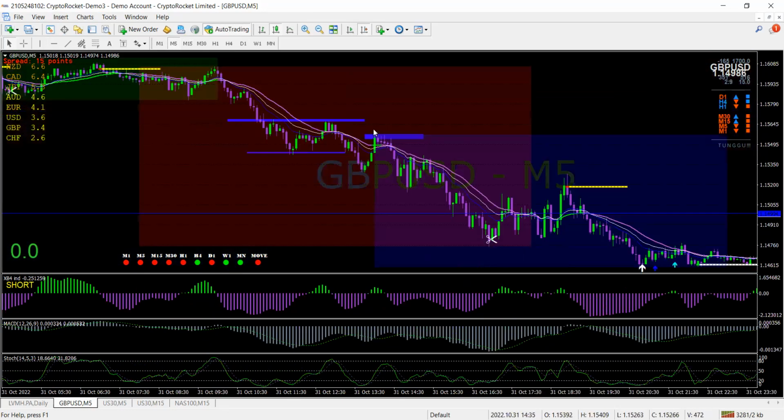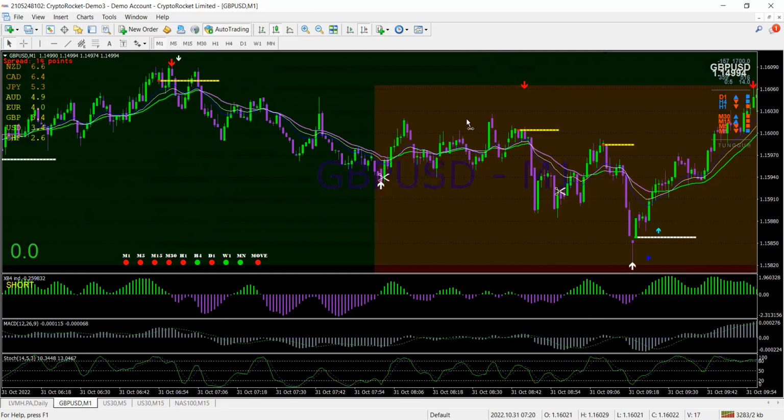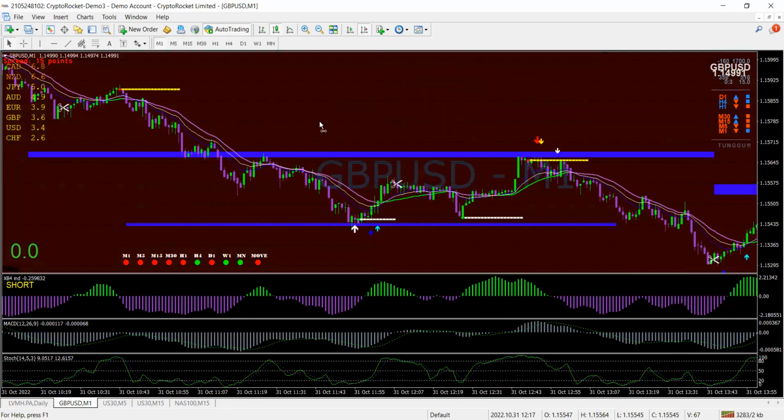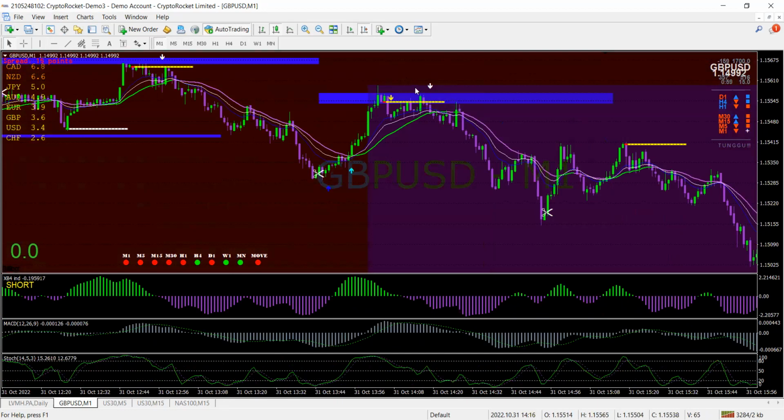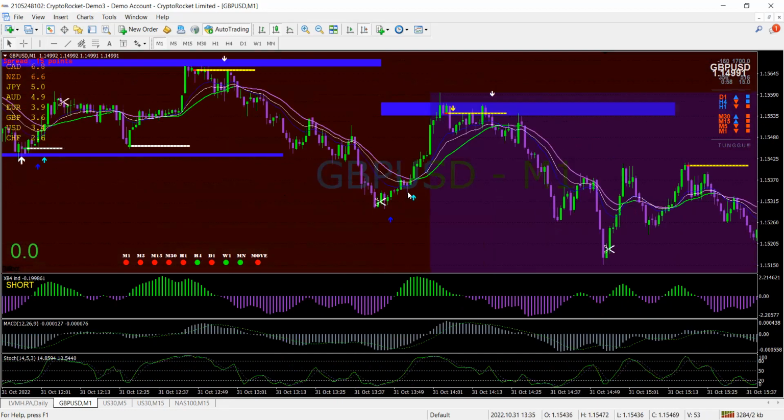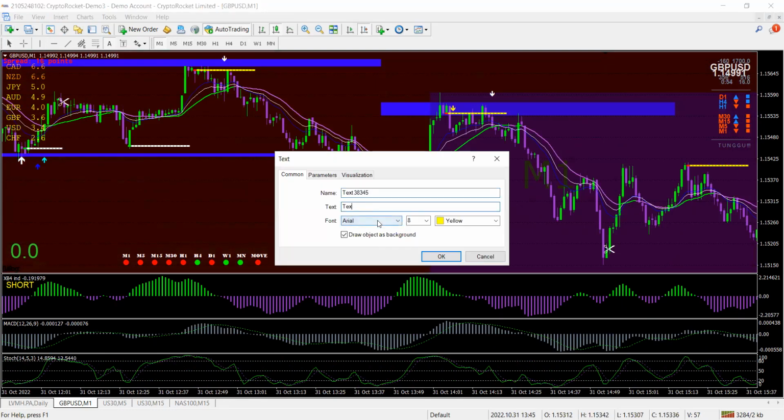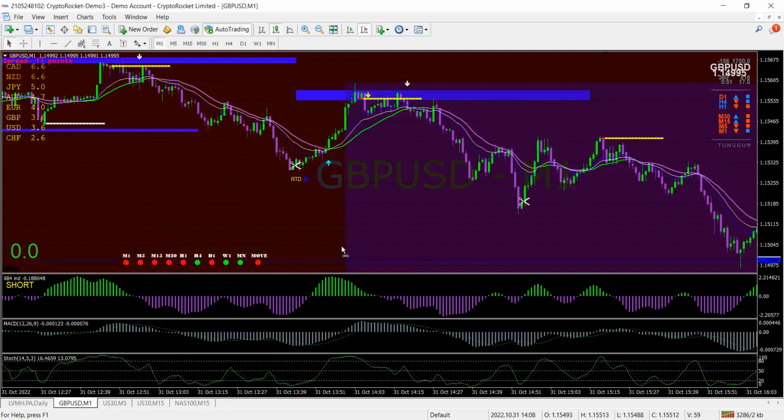All right, so we don't have any signal here. Let's go to the 1-minute time frame and see what we got. And look, 2 arrows right here. So what do we have below this low? RTD, right?